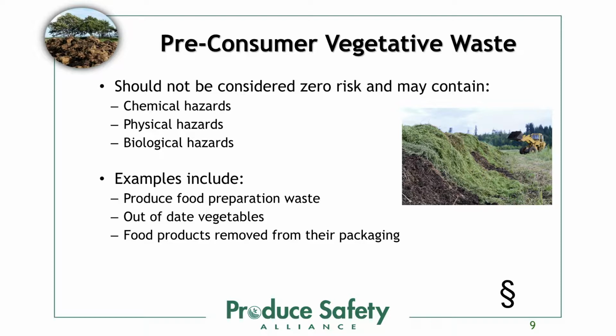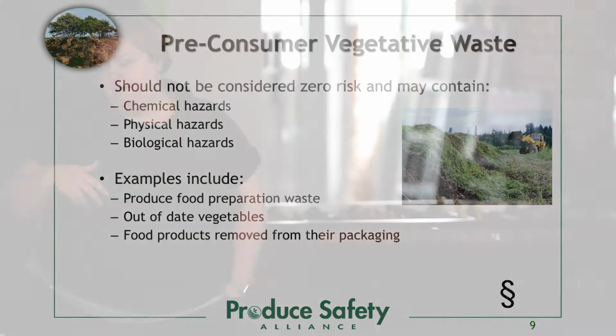Physical hazards, so things like glass, metal, think about those sorts of hazards coming into that waste stream. And biological hazards also. This is not animal only. Many times these pathogens are found in our environment in general, and therefore vegetative waste can also carry them very easily.